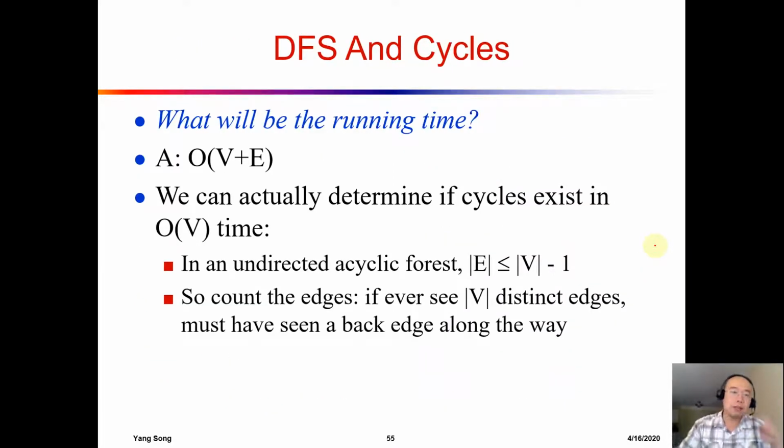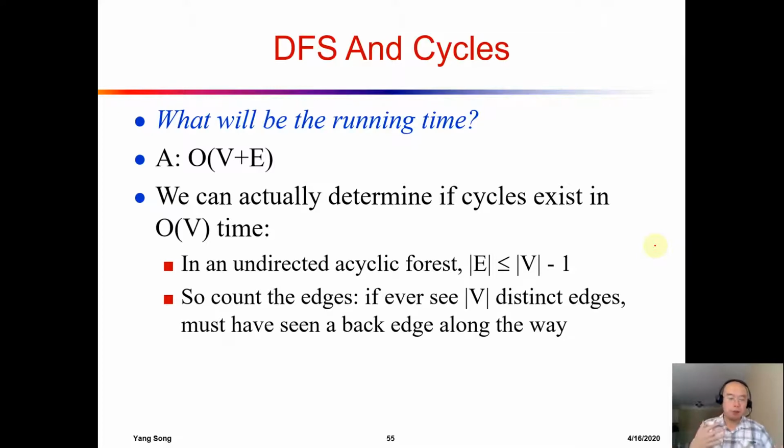And the next part, what is the running time of the DFS? For the DFS, we know it is O(V + E). And what is the time complexity if we want to determine whether a cycle exists? That is O(V) time. Why?